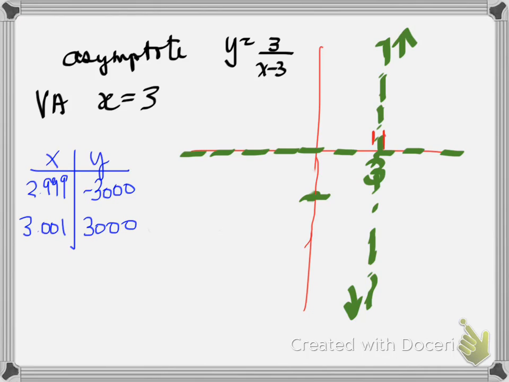Well, we know it's going to hit at (0, -1). And we also know that there is going to be some sort of hole, folks. The hole is going to be at (-3, -1/2). So we draw our graph. Now, is that the end of our graph?